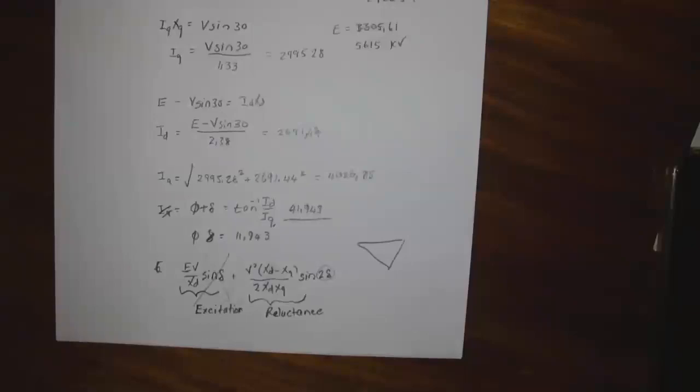Then I find IA using Pythagoras, the root of IQ squared plus ID squared. Now I need to get the power factor. I use ID equals IA sine of power factor plus maximum load angle. I got it, but when I use IQ equals IA cos, it does not work. I don't know why.